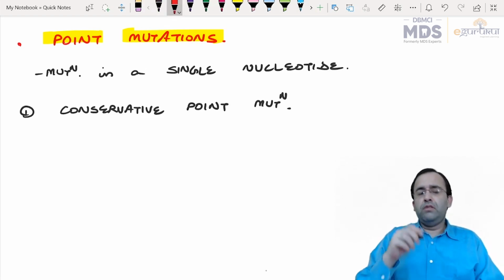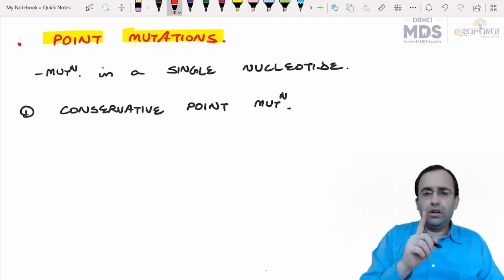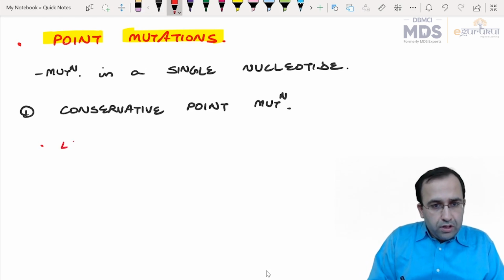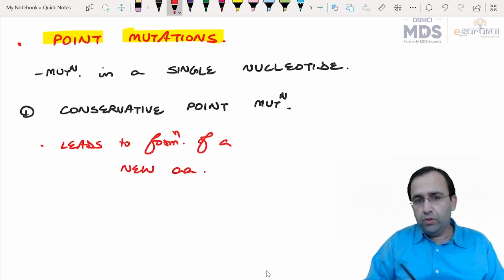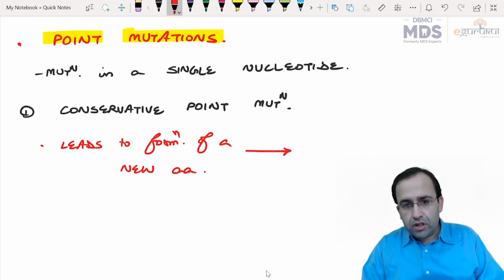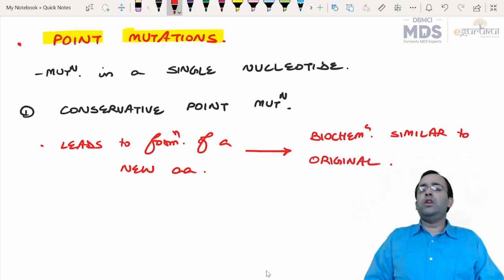Conservative point mutation means a point mutation has occurred, a single nucleotide is altered, which leads to formation of a new amino acid which is biochemically similar to the original.